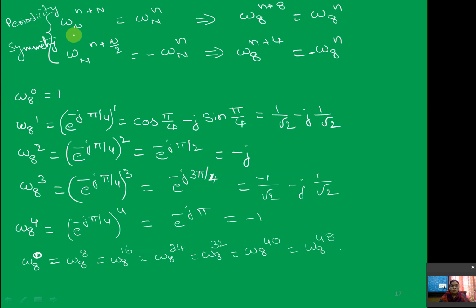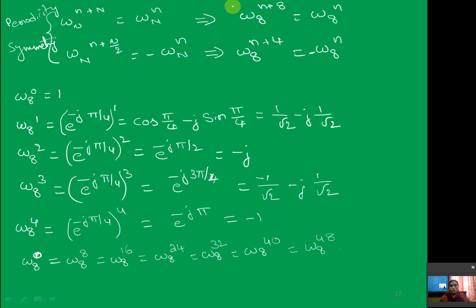So now here Wn power n plus N is always equal to Wn power small n. W capital N power n plus N by 2 is always equal to minus Wn power n. So substituting capital N as 8 here, W8 power n plus 8 is equal to W8 power n. W8 power n plus 4 is nothing but minus W8 power n.